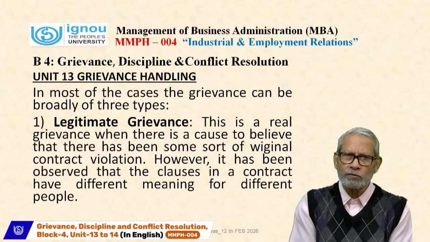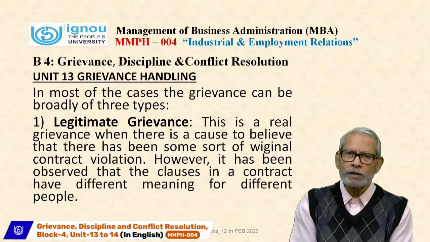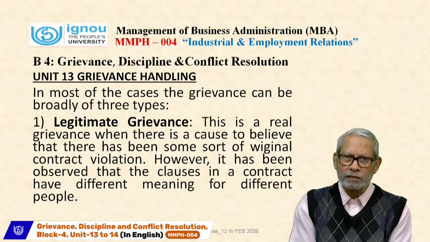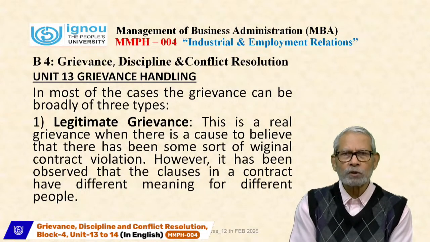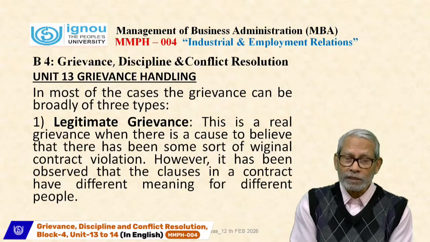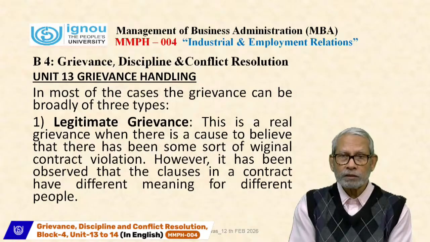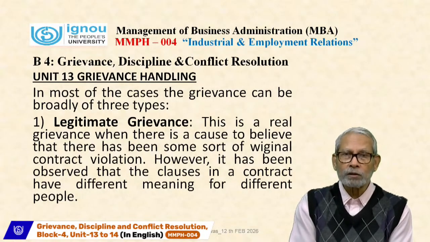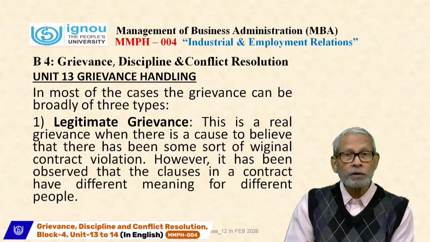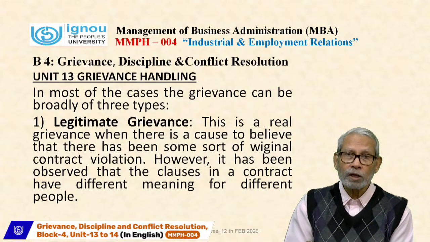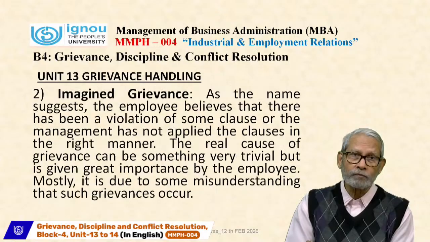However, it has been observed that the clauses in a contract have different meanings for different people. So what is written in the contract and what the meanings are also have to be considered, and you have to prepare the policy accordingly.